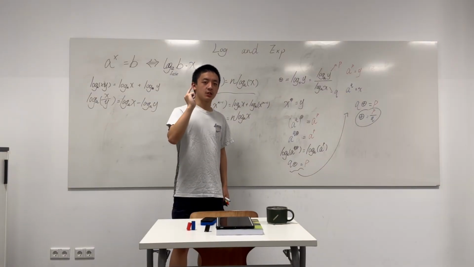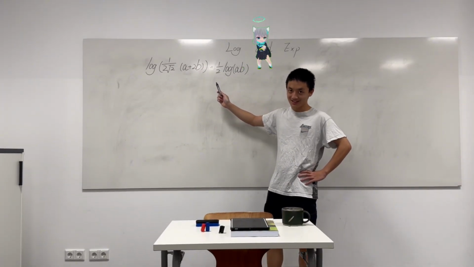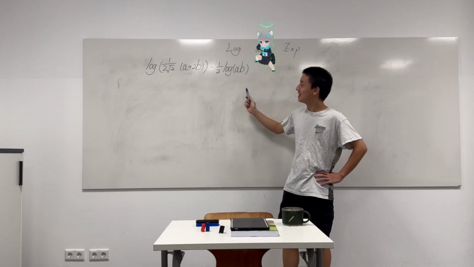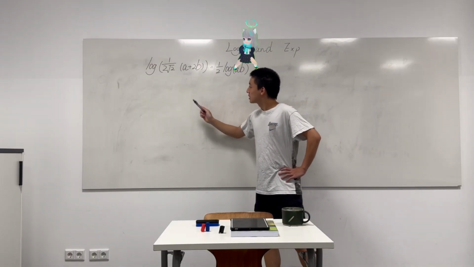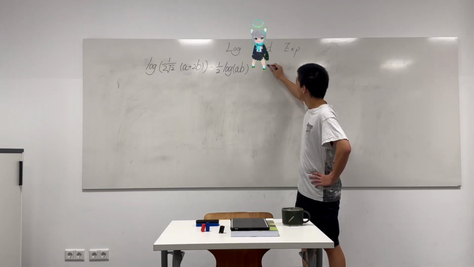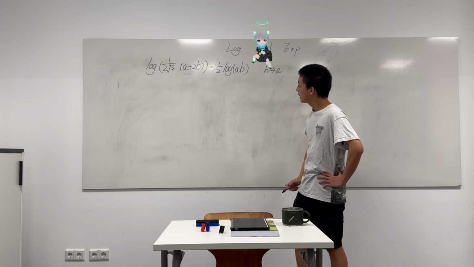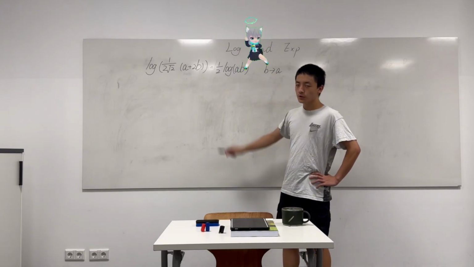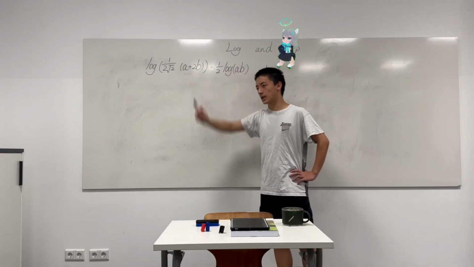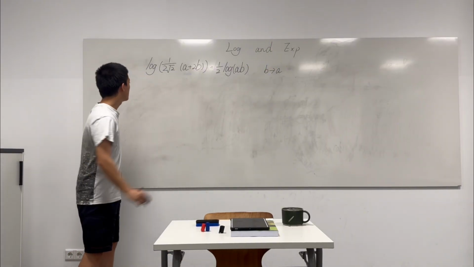So let's solve a question. If you are my classmates, then probably you still remember this question. The question wants to ask how to use B to express A. So first thing we should do is move 1 over 2 to this side, which means times 2 for both sides.